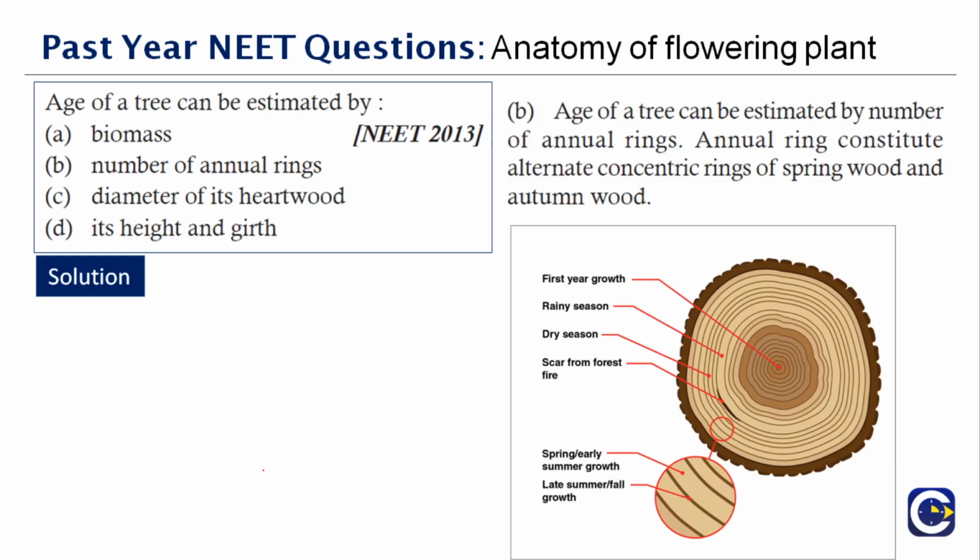Here you can see the annual rings: the first year of growth, rainy season, dry season, scar from the frost, forest fire, then the spring, early summer growth, late summer. So these lines will tell you the age of the tree, in years. Therefore, to find the age of the tree, you calculate the number of annual rings.